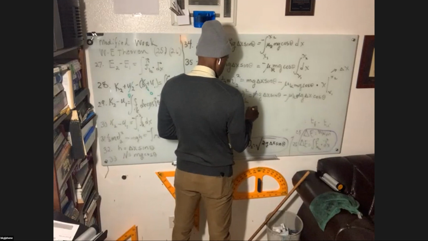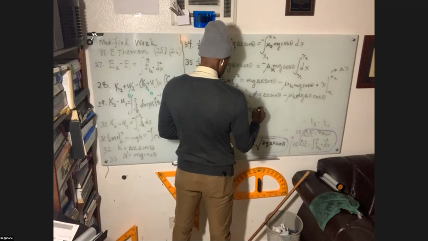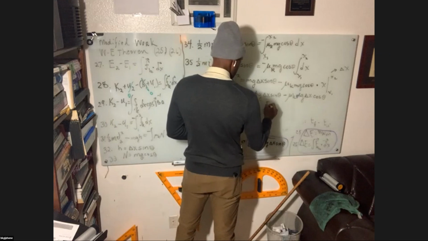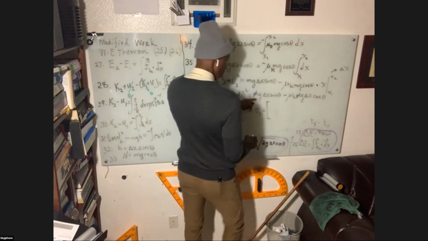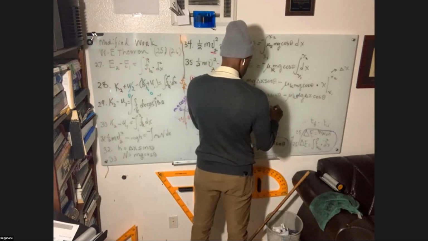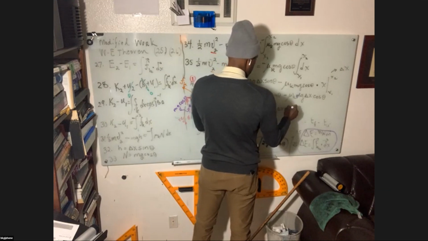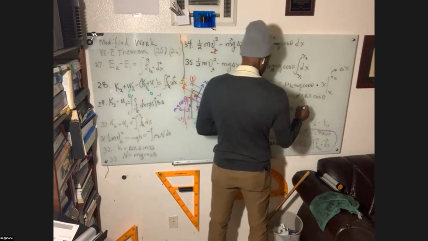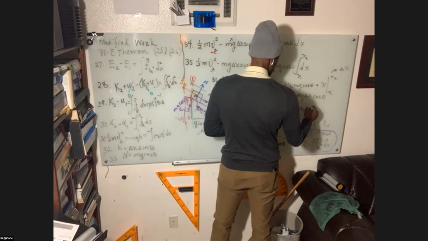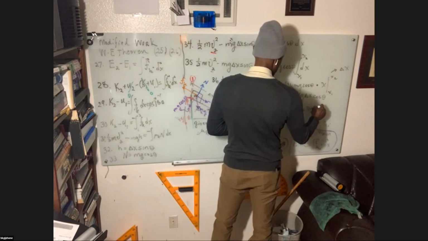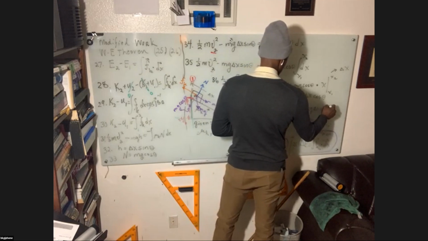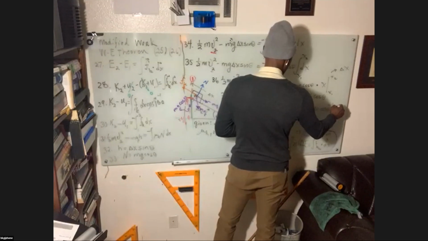So my final result is going to look something like this: V2 is equal to the square root of 2g delta x sine theta minus mu k 2g delta x cosine theta, all to the 1/2.